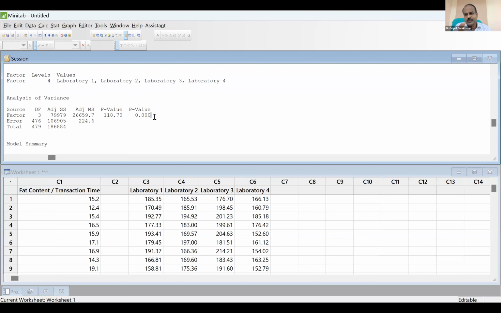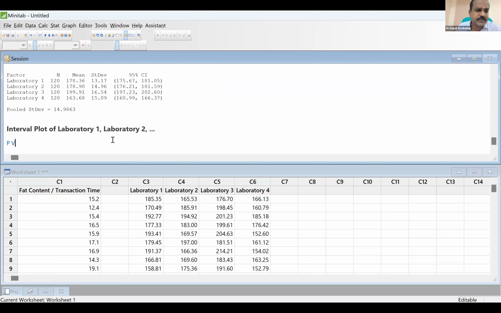Actually, it is not 0. It is close to 0. Minitab has rounded it; it has some limitation. It cannot be 0, it is some value. But what we want is to understand whether it is less than 0.05 or not. It is less than 0.05. So you can just type something here: p-value less than 0.05.